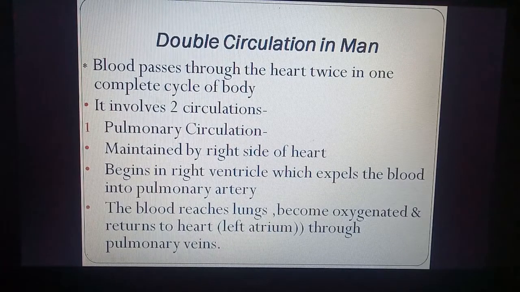Now we saw that the same blood passed through the heart of man twice. This is called double circulation. So there are 2 circulations, pulmonary, which is maintained by the right side of the heart.